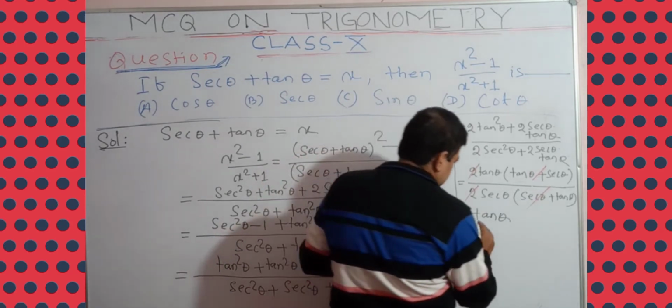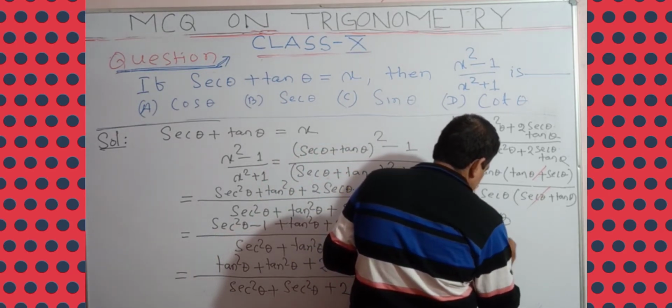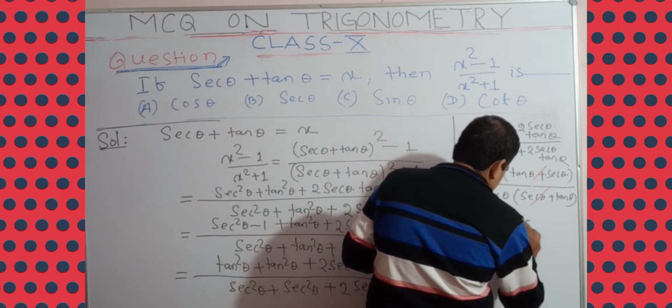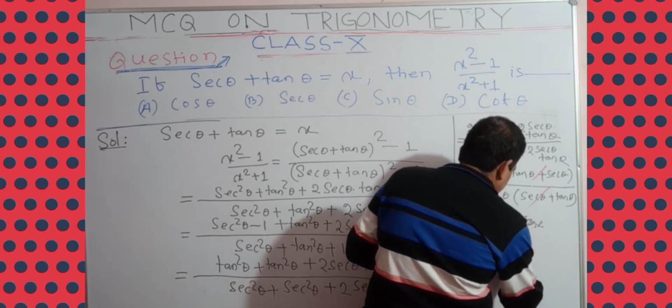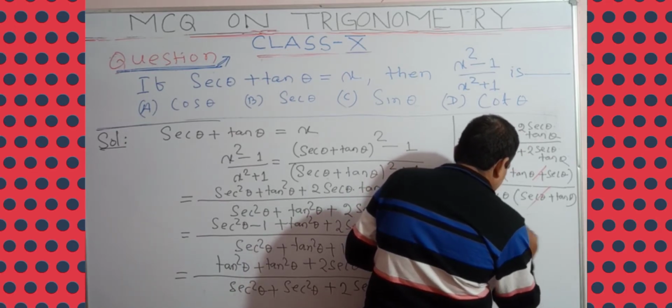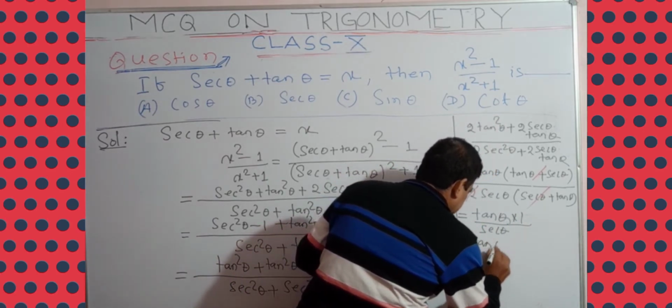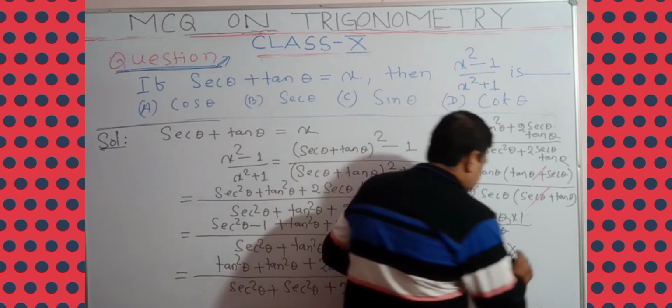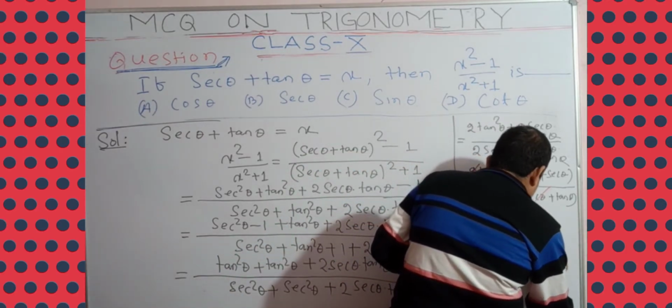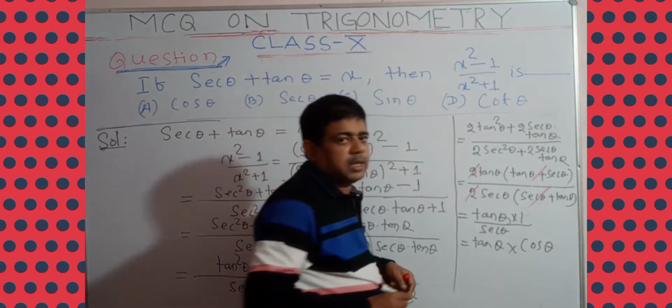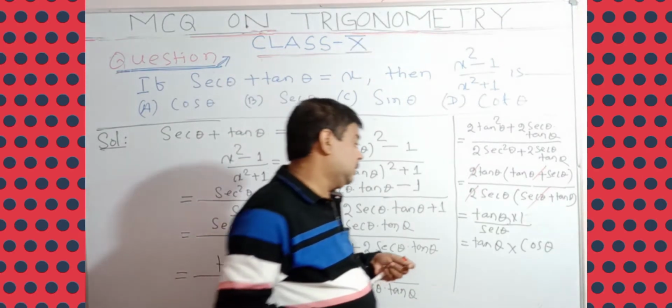upon sec theta, or tan theta, I can write tan theta into 1 upon sec theta. You see 1 upon sec theta is what? Cos theta. Reciprocal of sec theta is cos theta. Reciprocal of cos theta is sec theta. Right?